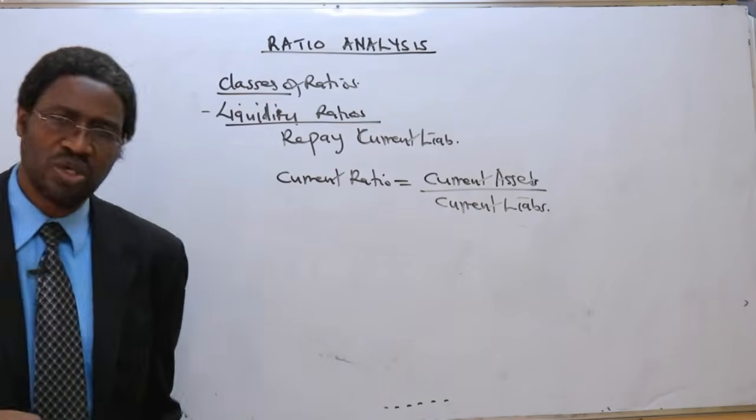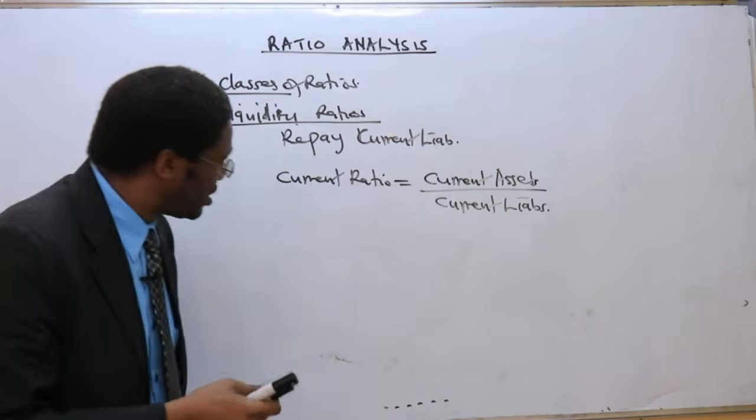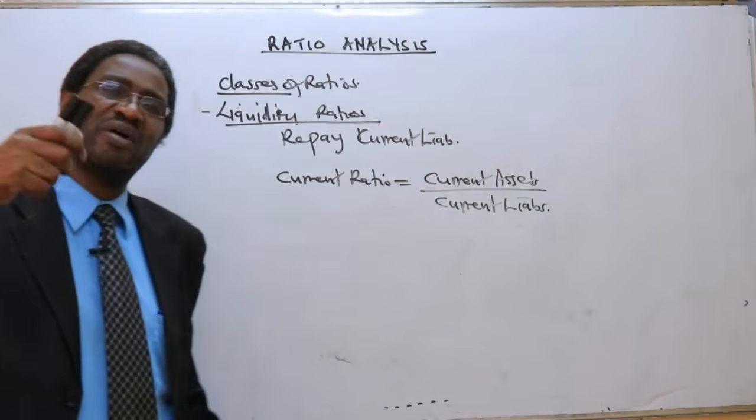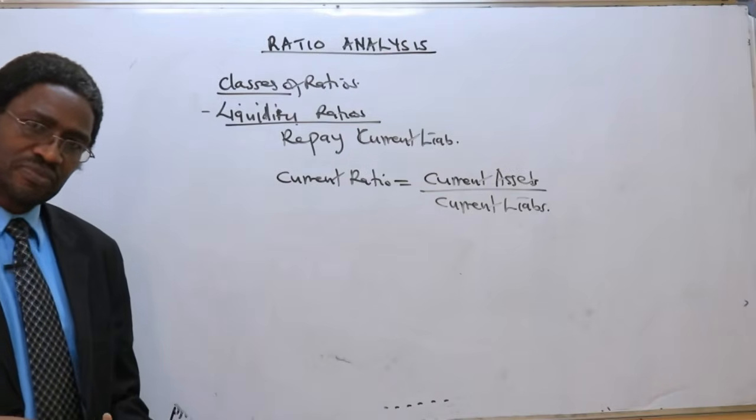Find that ratio. That is what we are calling the current ratio, which is determined by taking current assets divided by current liabilities.